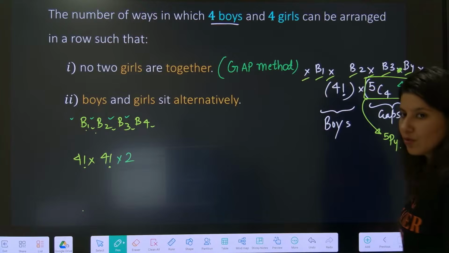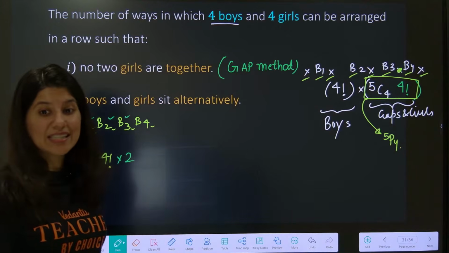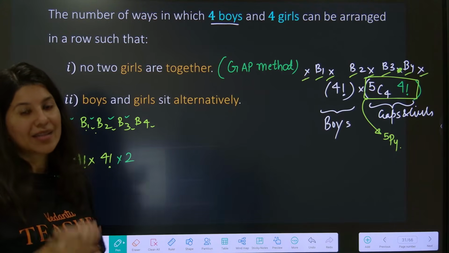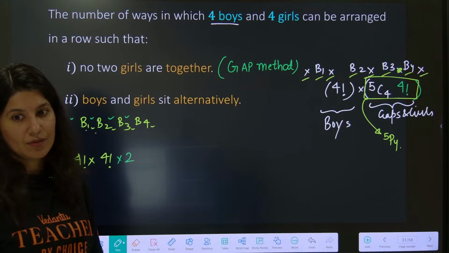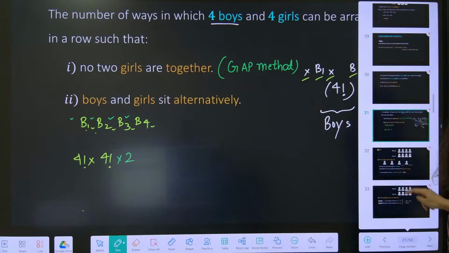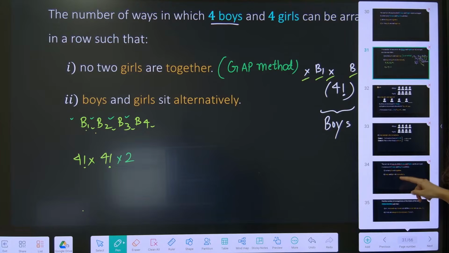You can use it if you want, but I always use C and then I arrange. Select and then arrange. Step by step I do. Easy to understand. That's why.